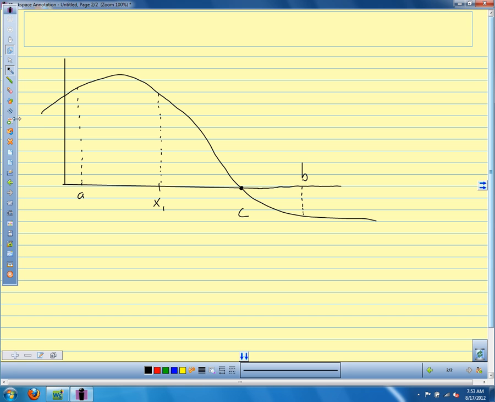So let's draw in the tangent line here. And so here's our tangent line. It's not perfect, but you get the idea. And I'm saying it's tangent here, so that's a big point there. So this is our tangent line at x1.